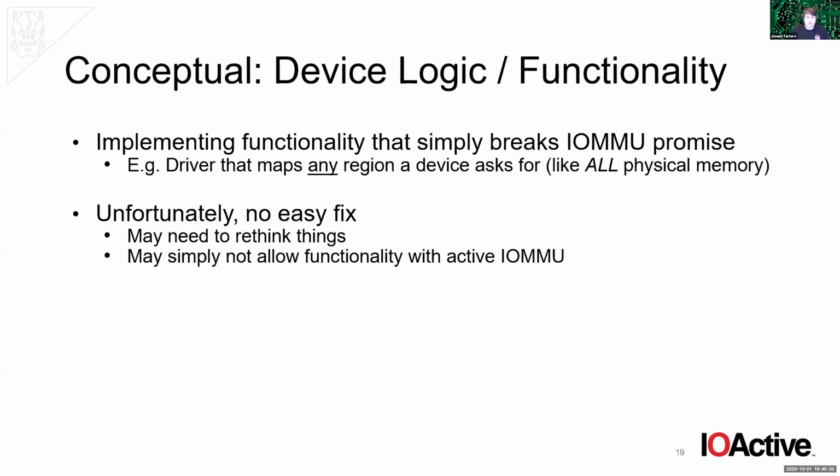And we see this all the time with poorly written drivers for things like gaming mice and gaming keyboards, where you'll find that there's an ioctl that allows you to just read and write to any physical memory. In this scenario, if somebody writes code to do that and you load it, that's just the way it works. And unfortunately, there's no real easy fix to that. Maybe there's a way to rethink how this works, but at the moment, that's just how it is, and that's life.